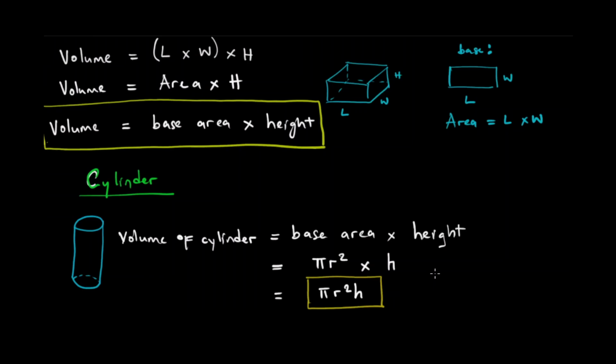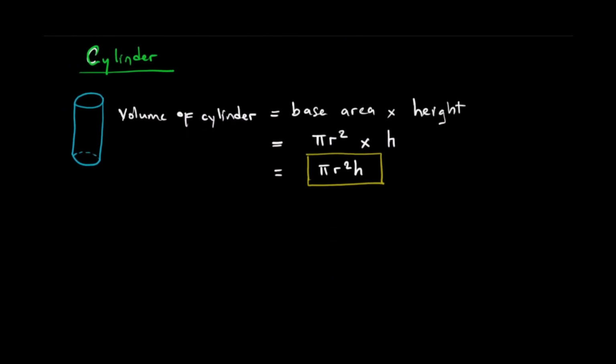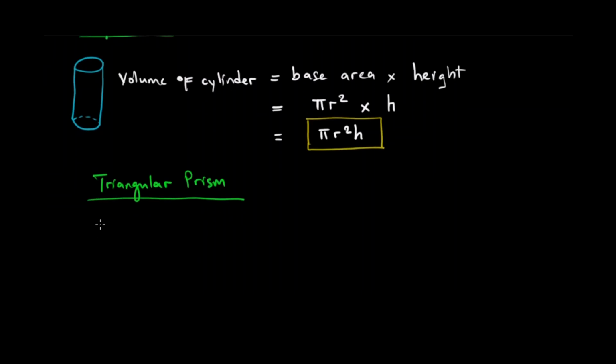What is going to be the volume of a triangular prism, for example? So we are given a triangular prism, and we want to understand what the volume is going to be. For a triangular prism, let us draw it like this.